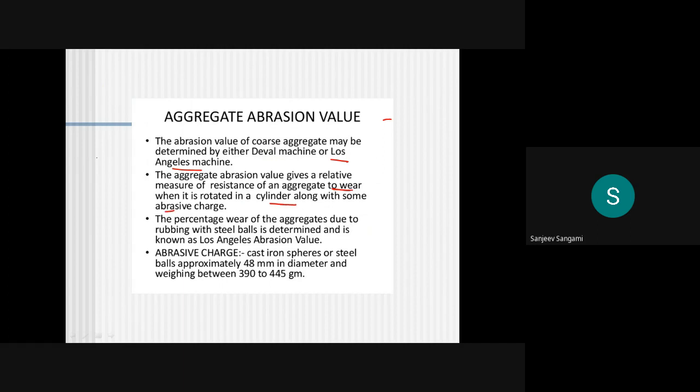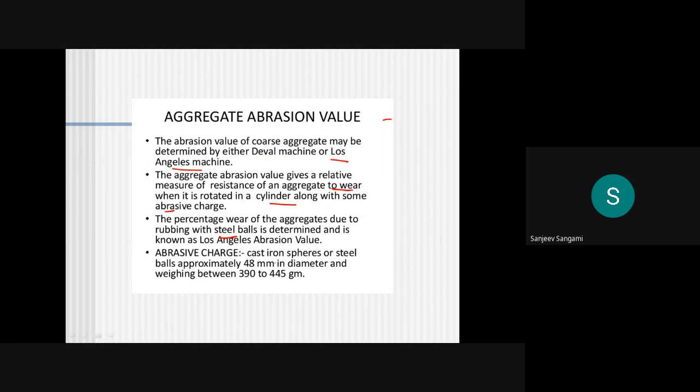Whenever the aggregates are rotating, the steel balls will be inside, and how much resistance the aggregate gives has to be determined. The percentage of wear of aggregates due to rubbing with steel balls is known as the Los Angeles abrasion value.